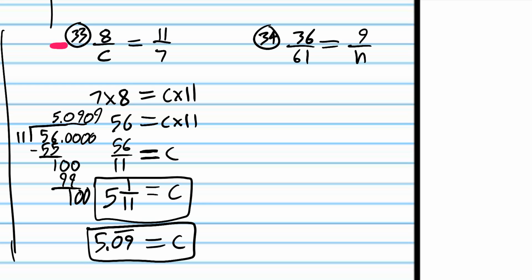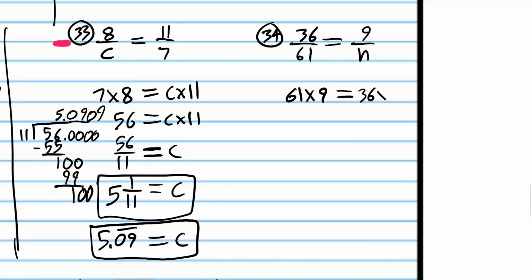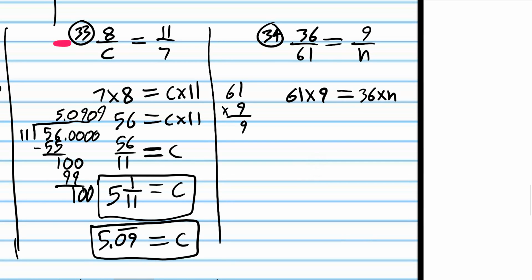All right, we're back. 61 times 9 equals 36 times n. 61 times 9, we can do it over here if you want. 9 times 1 is 9, 9 times 6 is 54. So we have 549 equals 36 times n.